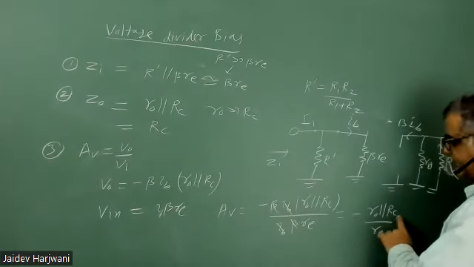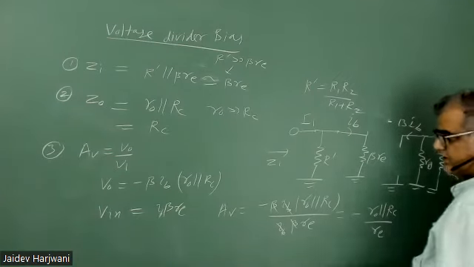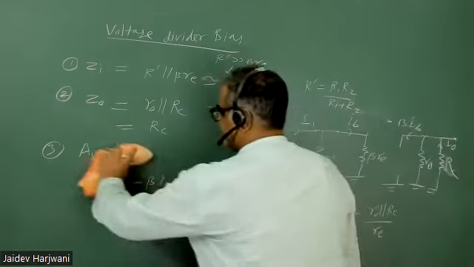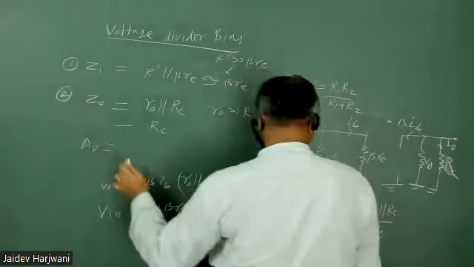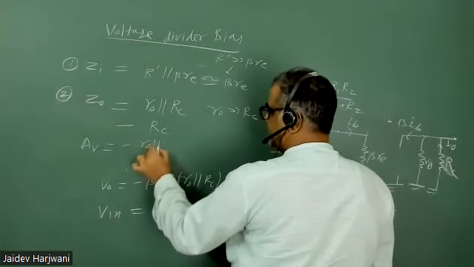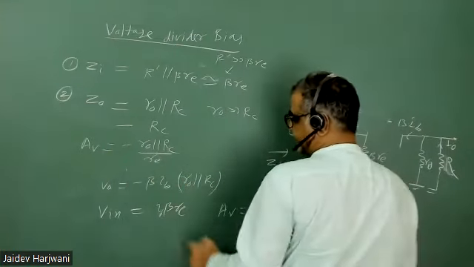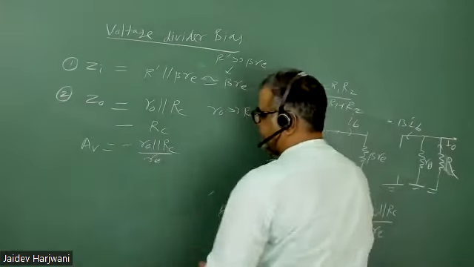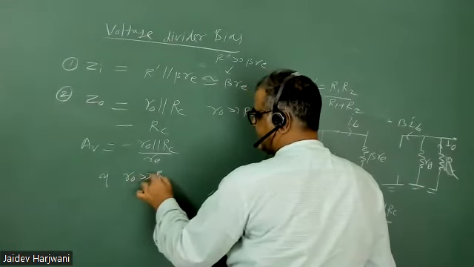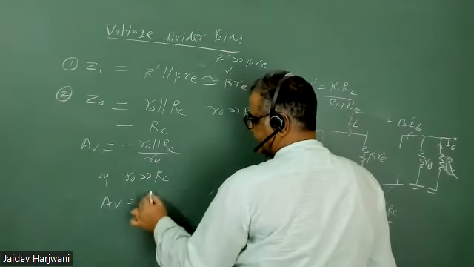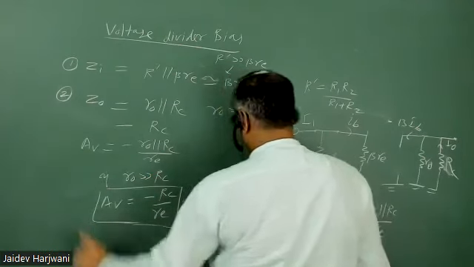If this R naught is very high, then you can simply put minus RC upon RE. Is it visible or not? So AV is, I'm writing again here, minus R naught parallel to RC upon RE. If R naught is greater than RC, then your AV will be simply minus RC upon RE.